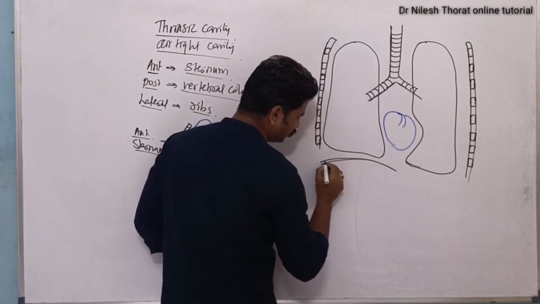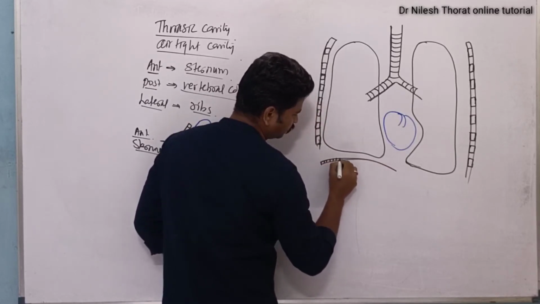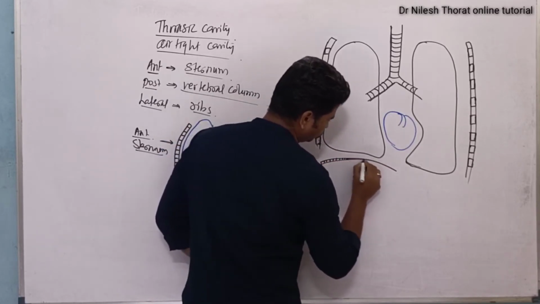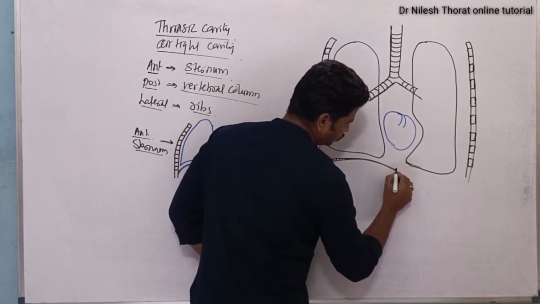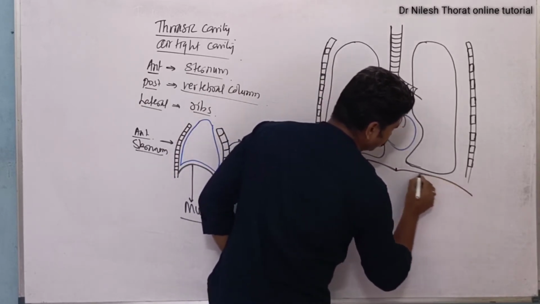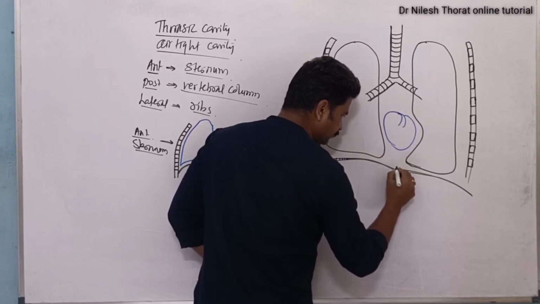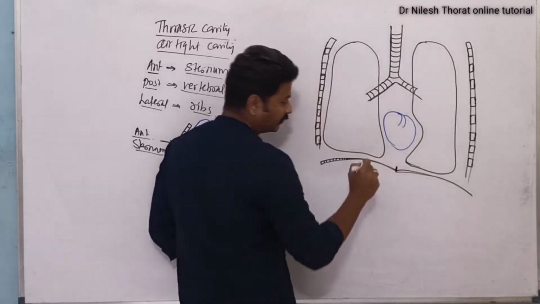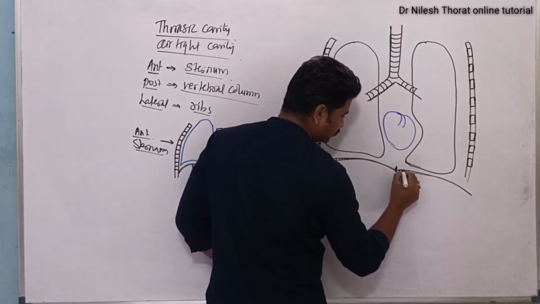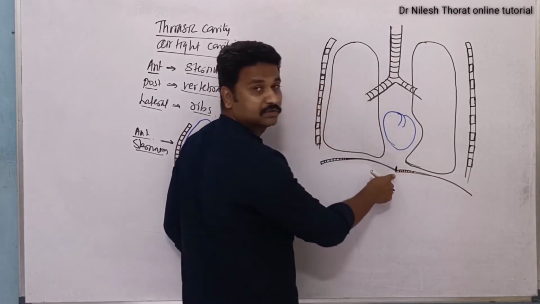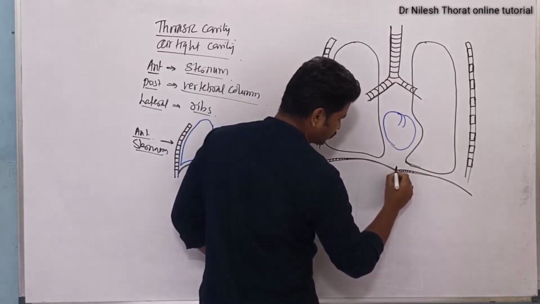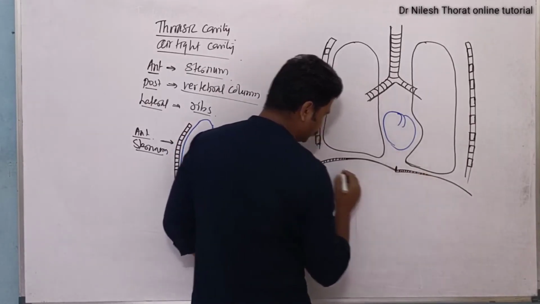This is the right dome of the diaphragm, and this is the left dome of the diaphragm, which is attached to this point, called the xiphisternum. So this is the left dome.